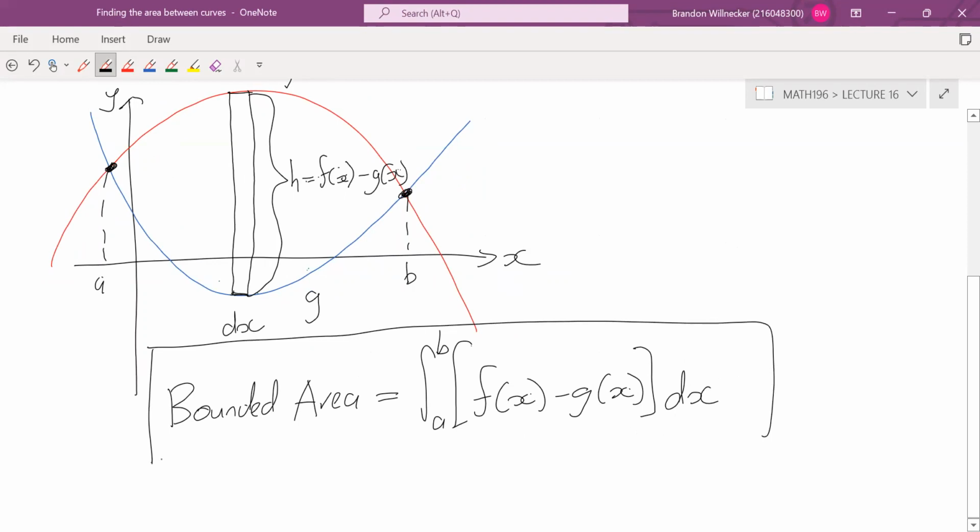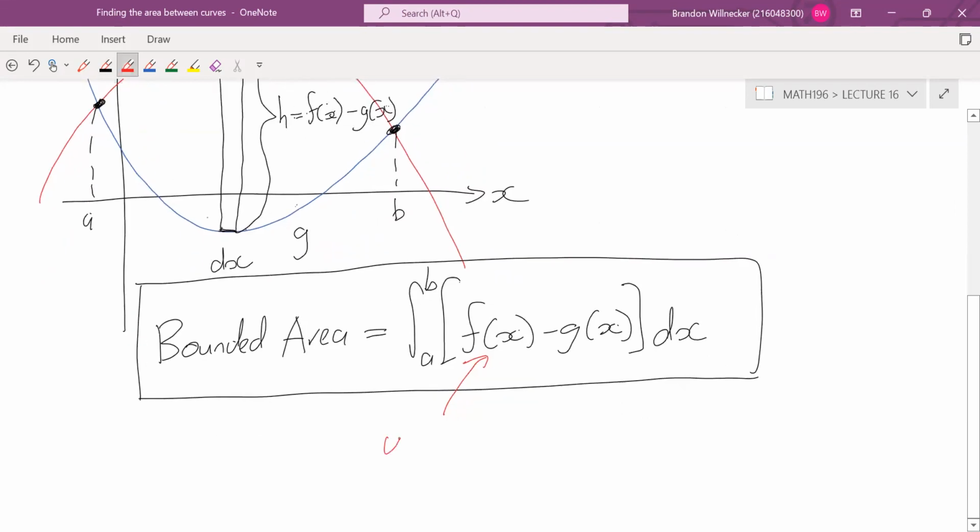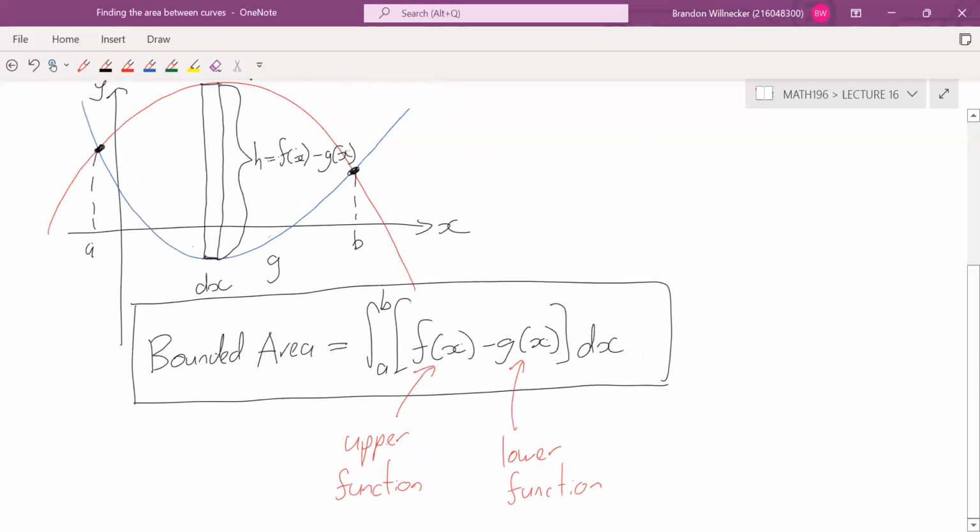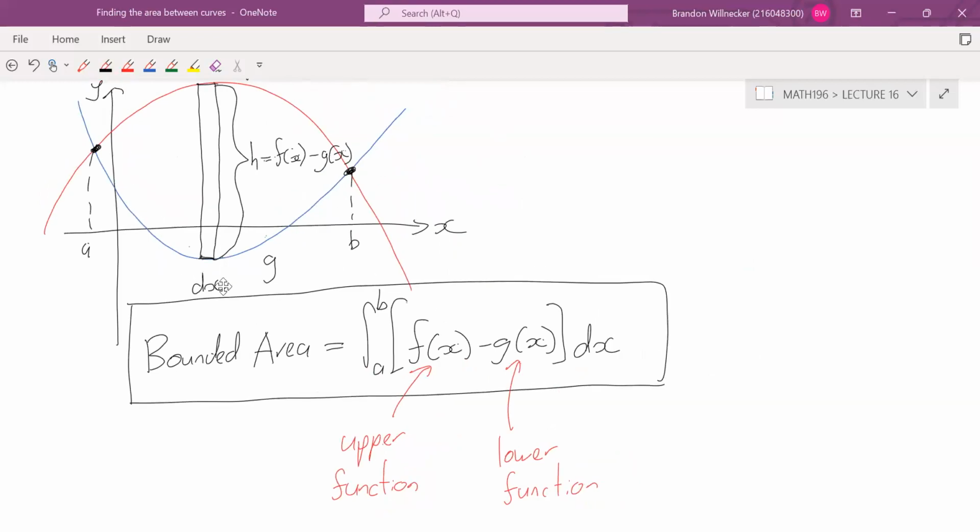If we are given two functions, where f is the upper function, and g is the lower function, then we can use this formula to find the area that is bounded between them.